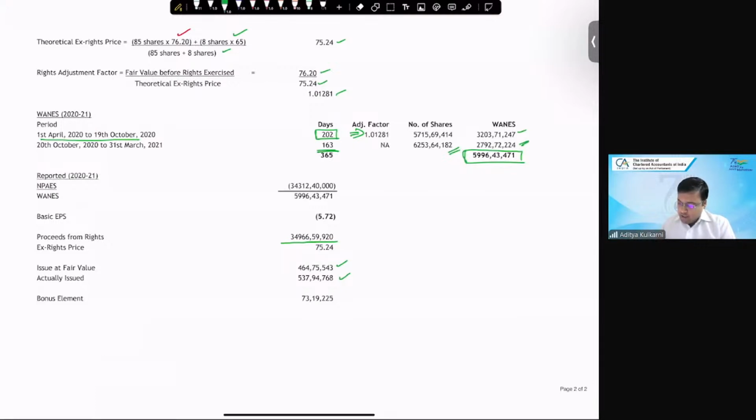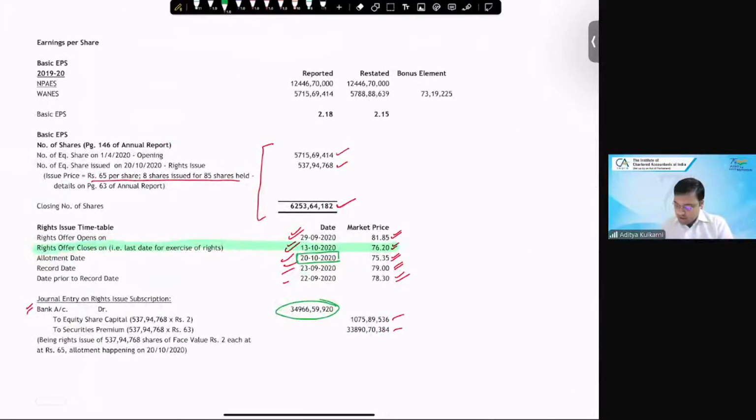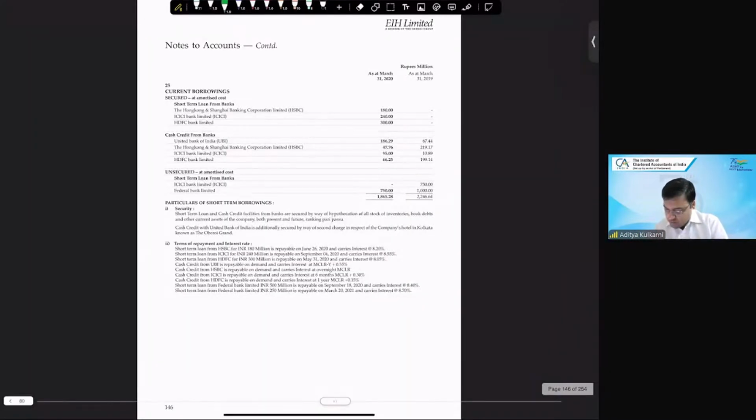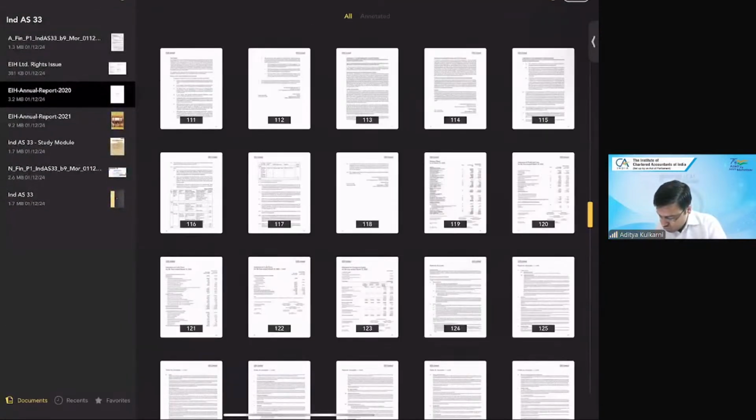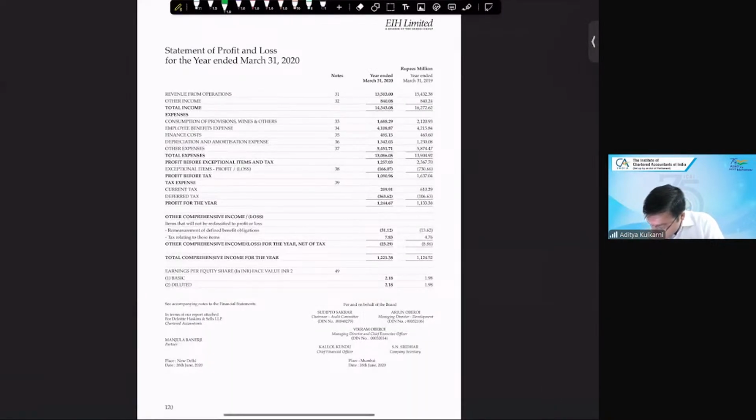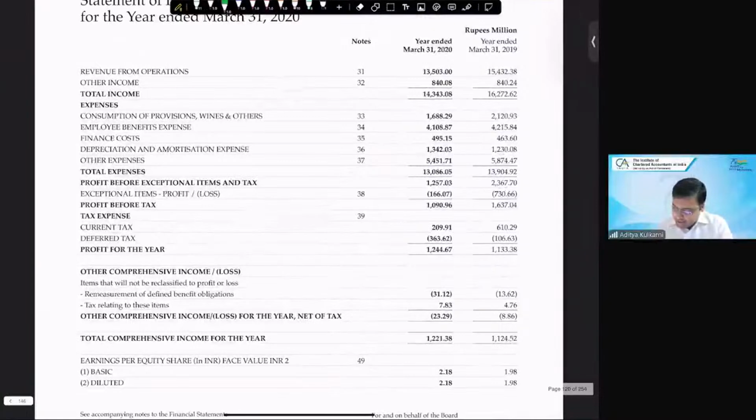So now, when you come to the calculation of basic EPS, my net profit attributable to equity shareholders for 1920 is 1244.67.